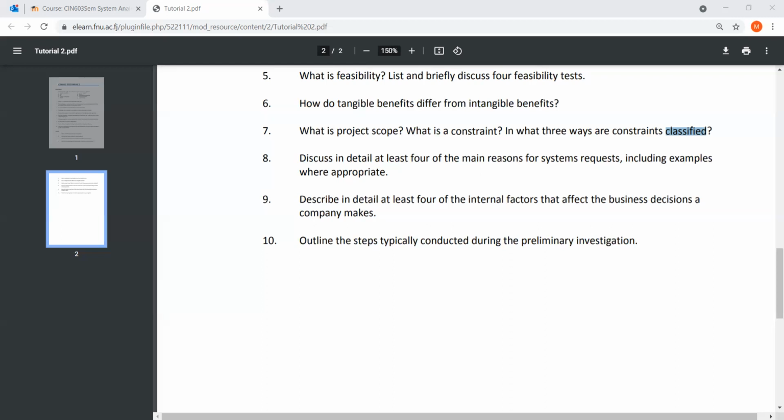Now, project constraint. Constraints are conditions which must be satisfied by the system.